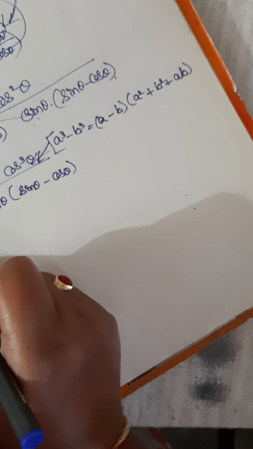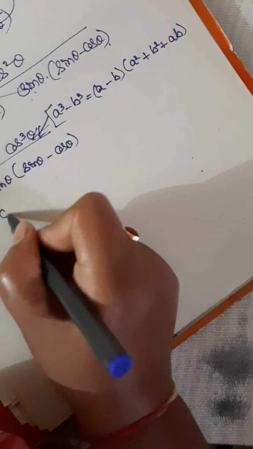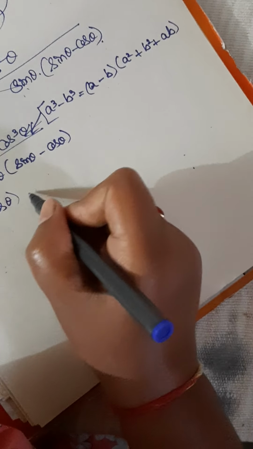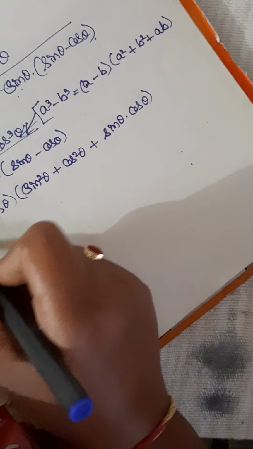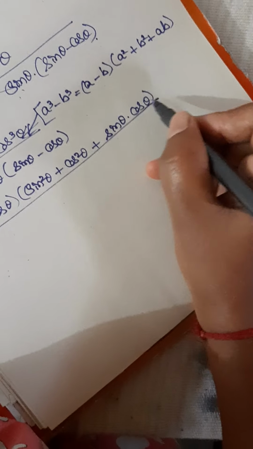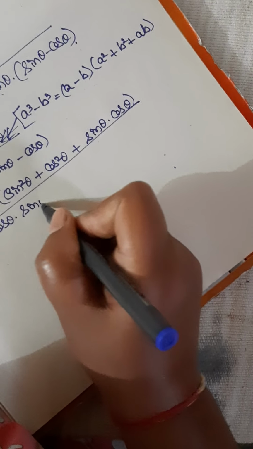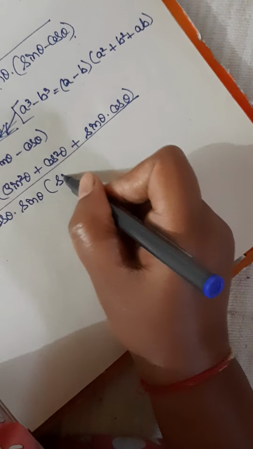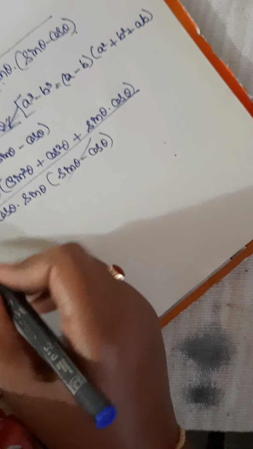It will be (sin theta minus cos theta)(sin square theta plus cos square theta plus sin theta into cos theta) divided by cos theta into sin theta, minus cos theta. This thing will be cancelled.